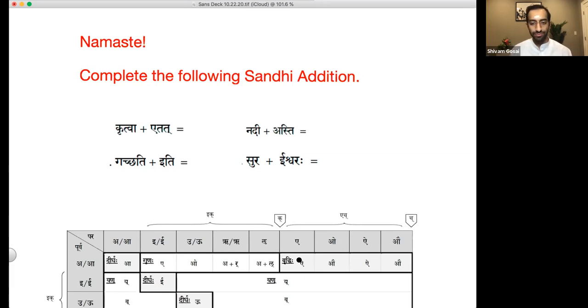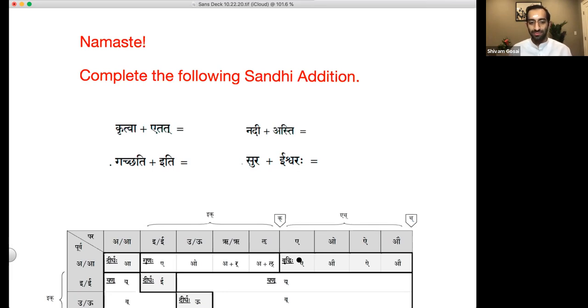Kritvaitat. Okay, gacchati plus iti. So we have i plus i. They are looking the same. So savarna. So there, gacchati iti. So it becomes dirgha. It's dirgha sandhi. Becomes long. Gacchati iti. I plus i equals long i.